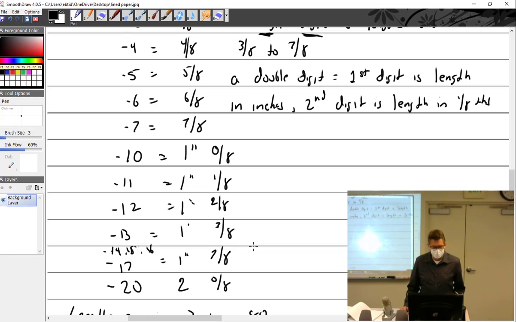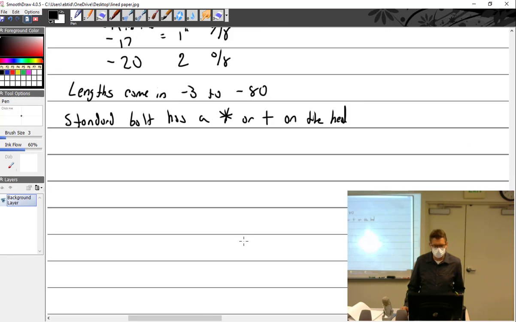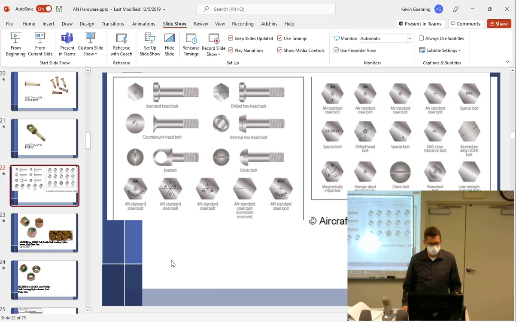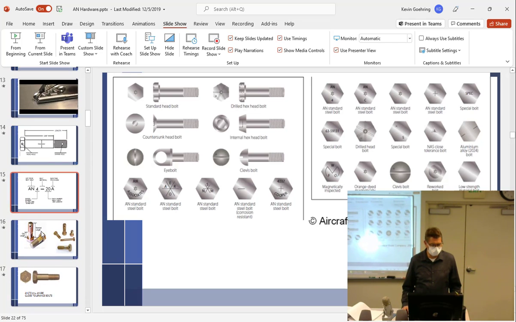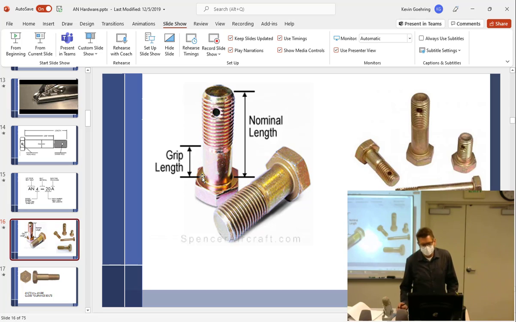Got it? All right, there's something I forgot here. Nominal length is not counting the head. Grip is right here. Notice how some of them have a hole and some do not.